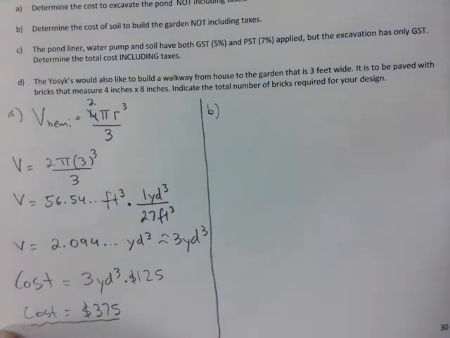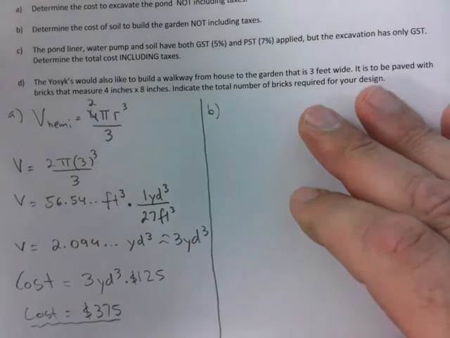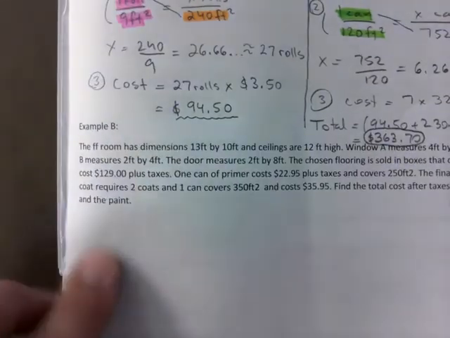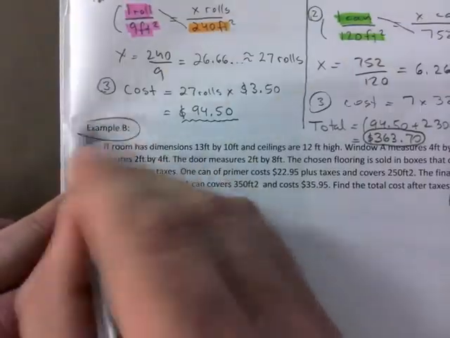Determine the cost of soil to build the garden, not including taxes. I think I'm going to pause here because that's a bit more, I want to take time to explain that. So your homework, guys, hold on, don't pack. I want you to try on page 23, right?